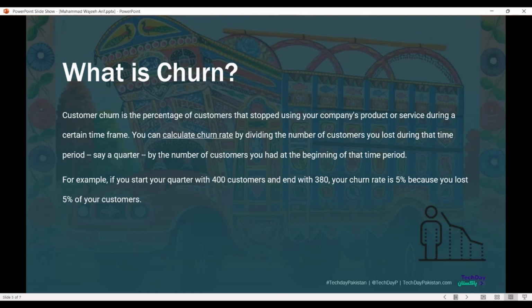As I said before, the higher the churn rate, the more customers stop buying from your business, and vice versa. The lower your churn rate, the more customers you retain.